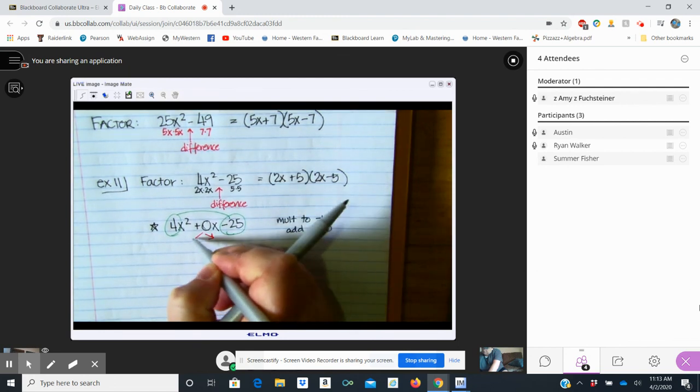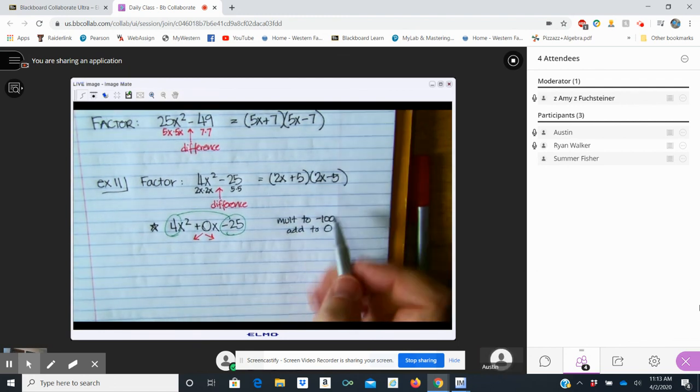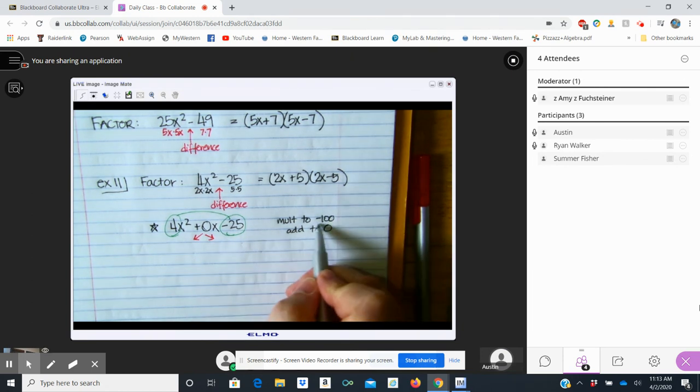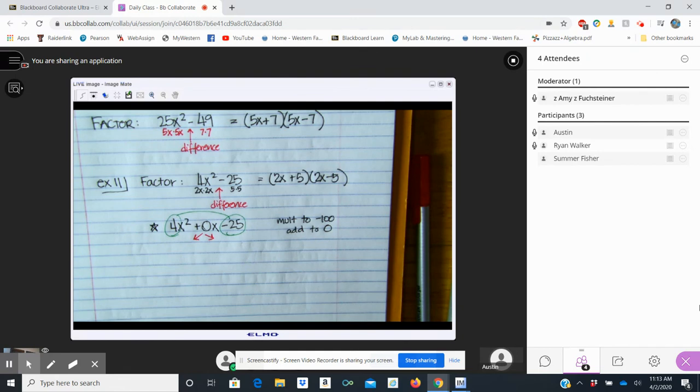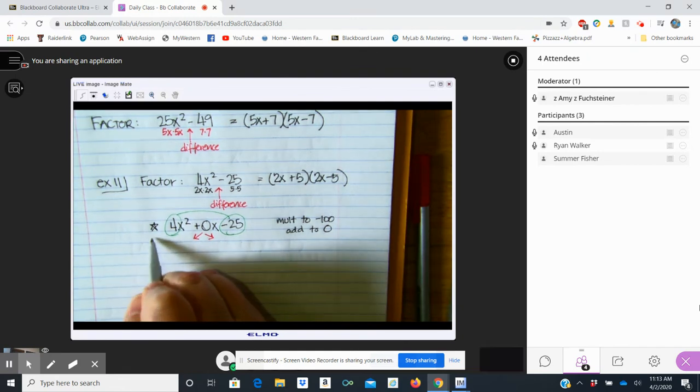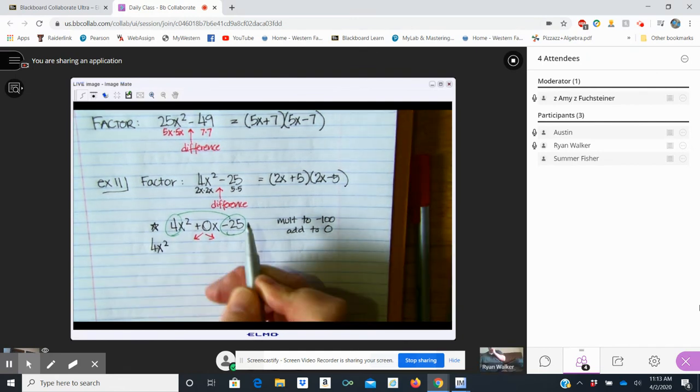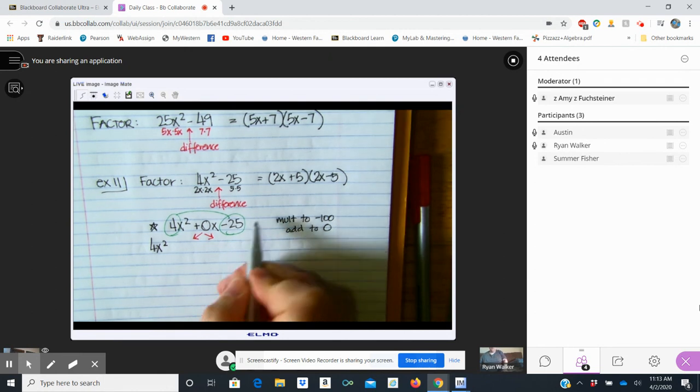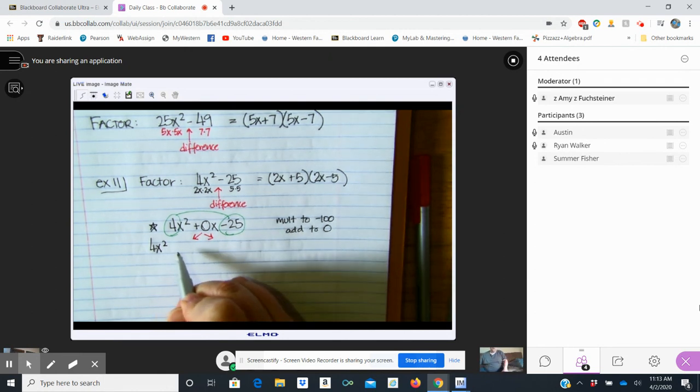So what two numbers would multiply to give me a negative 100, but when I added them together, I would get a 0? Well, 50 times 50 is not 100, so I wouldn't want a 50.